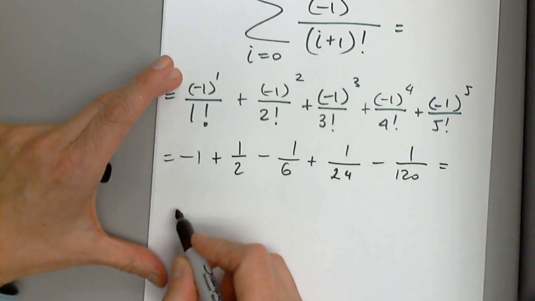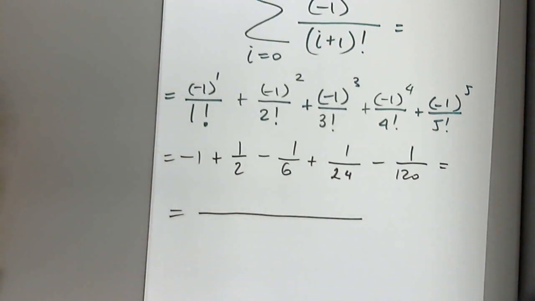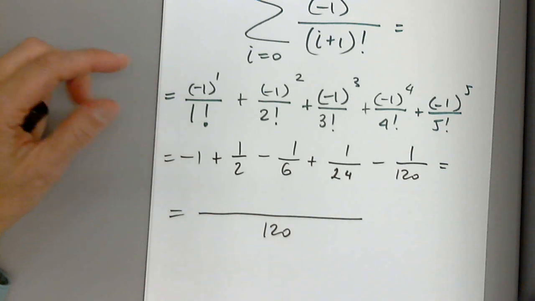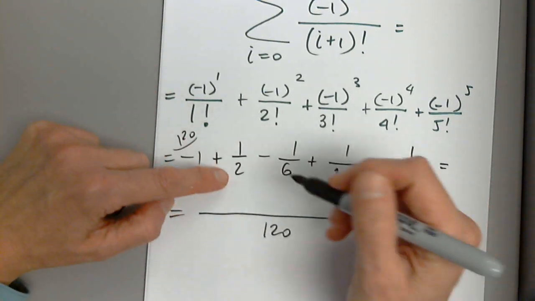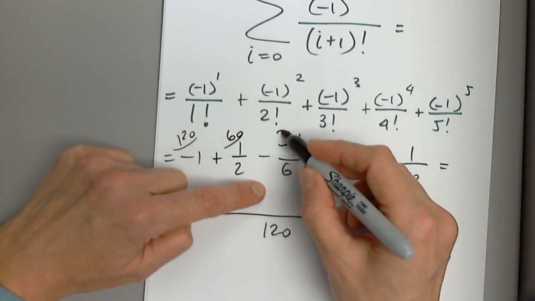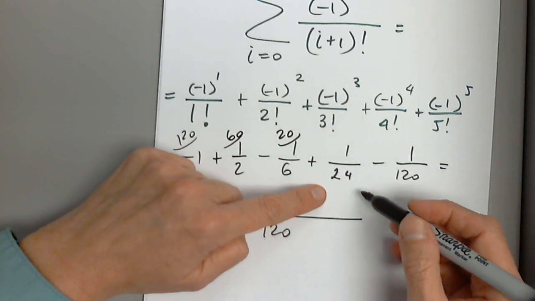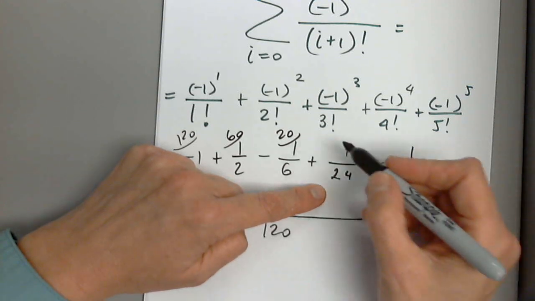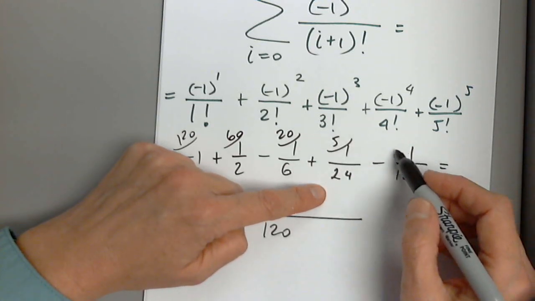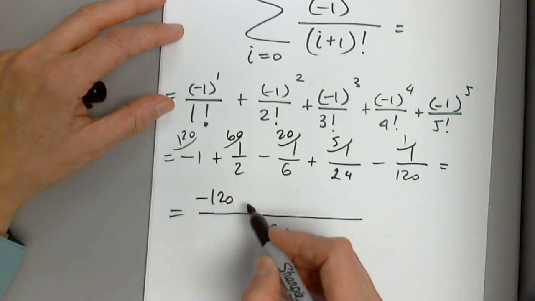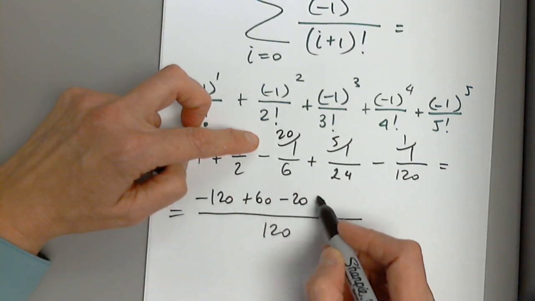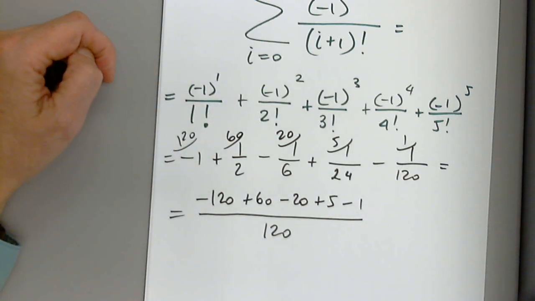Okay. The least common denominator is 120, then 60, 20, and then 1. So negative 120 plus 60 minus 20 plus 5 and minus 1.